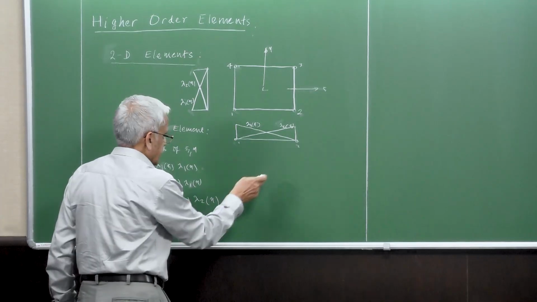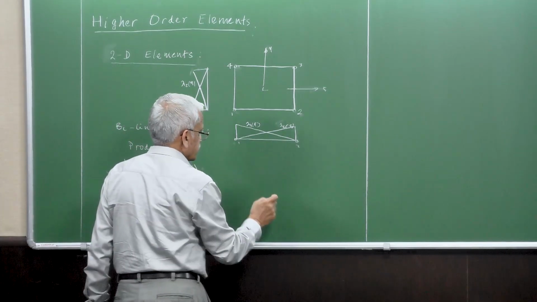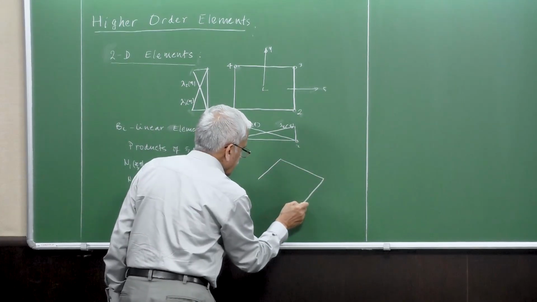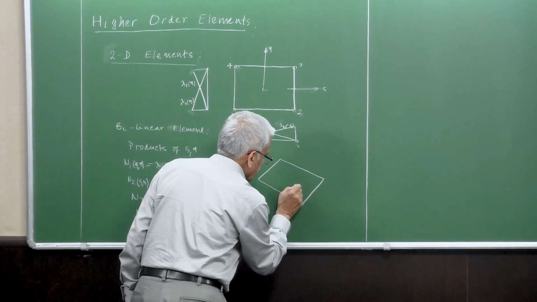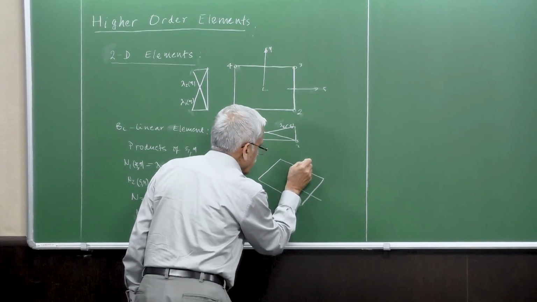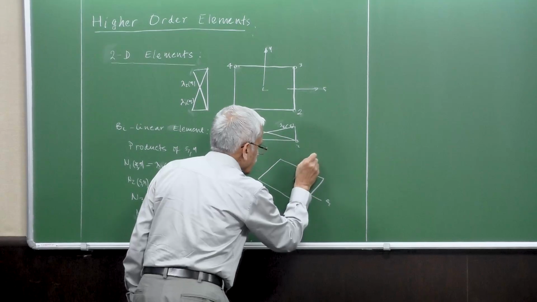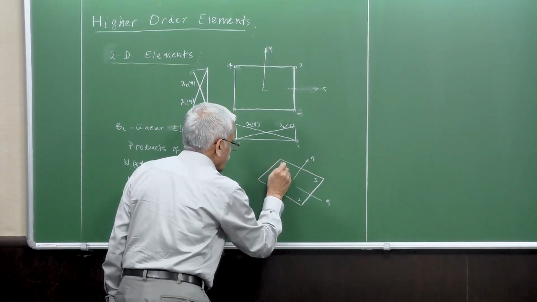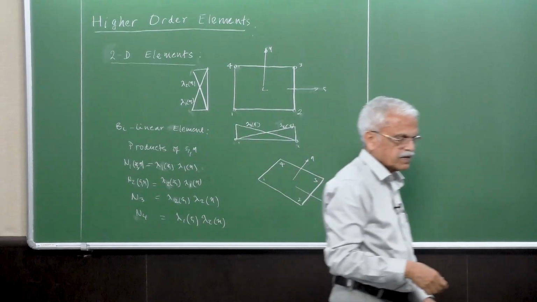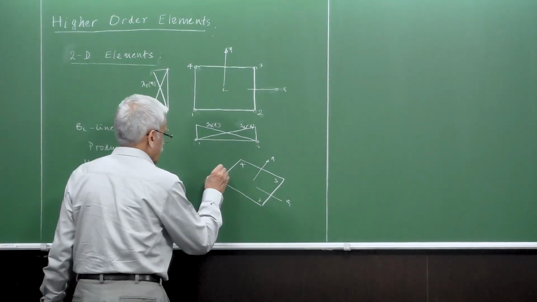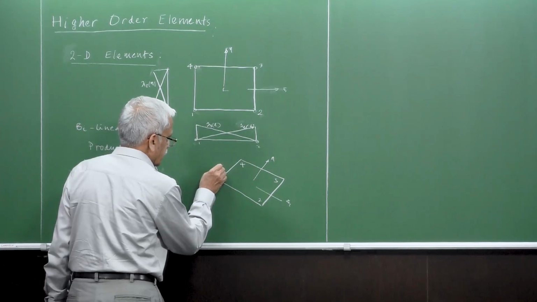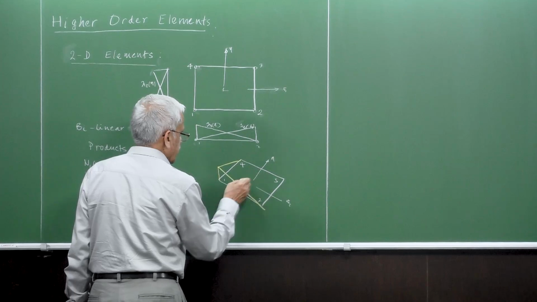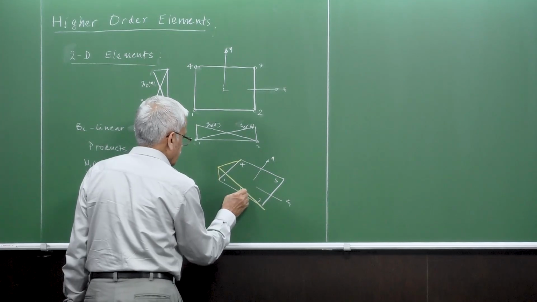So if you look at 1, 2, 3, 4 here, at node 1 we have a value of 1 here and 0 here, and everywhere else also.